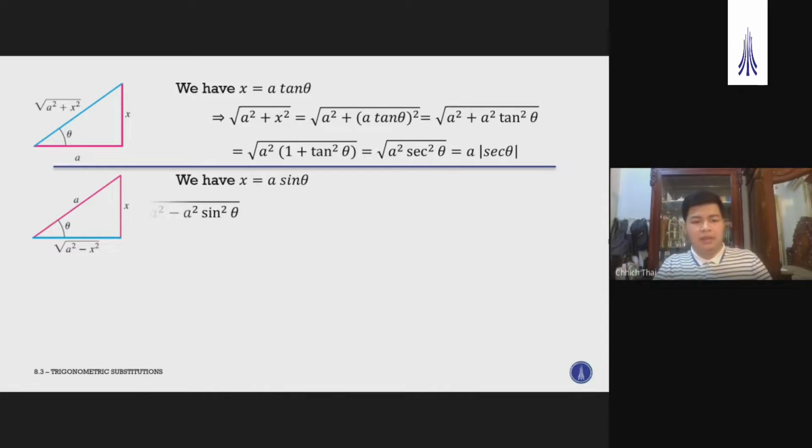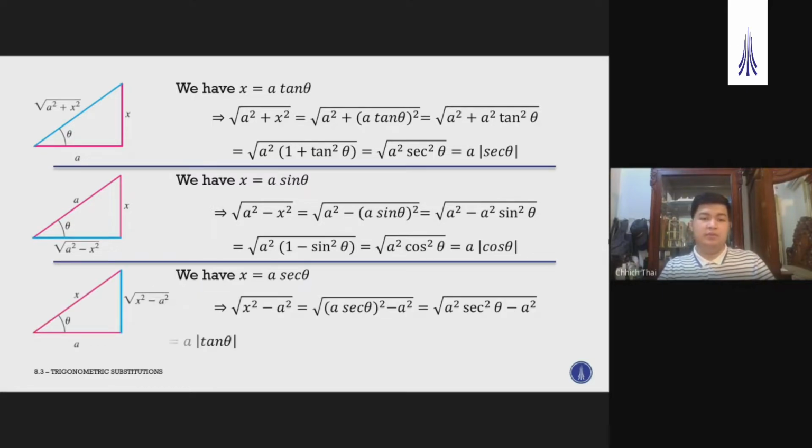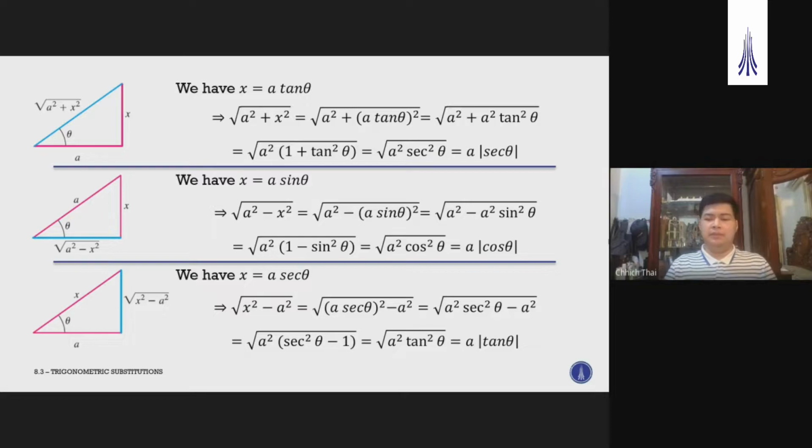For x equal to a sine theta, we use it with the square root of a squared minus x squared, which gives a much easier function, the absolute value of cosine theta. And for x equal to a secant theta, we use it with the square root of x squared minus a squared, which turns into an easier function, the absolute value of tangent theta.